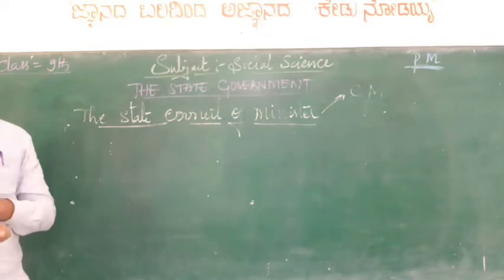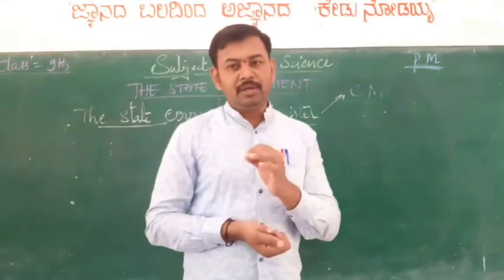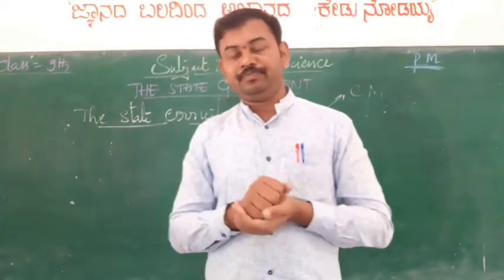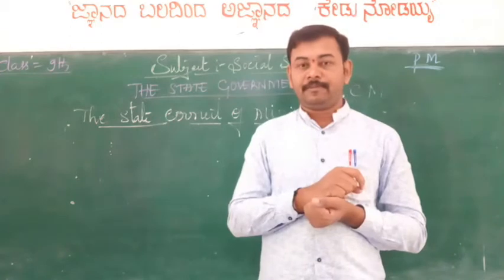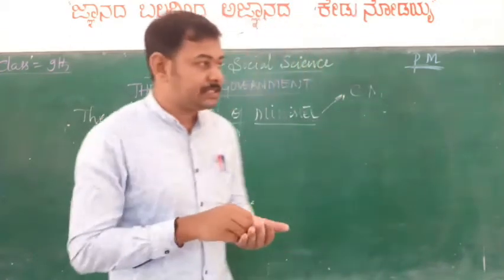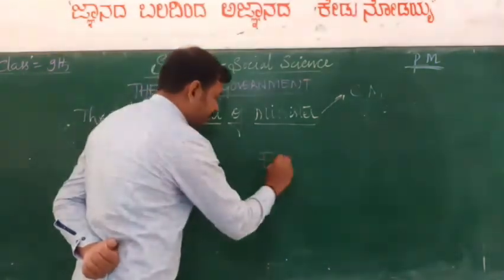And along with that, each member of the Council of Ministers has to ensure the efficient working of his department. Suppose, dear students, you take an example of the education department.